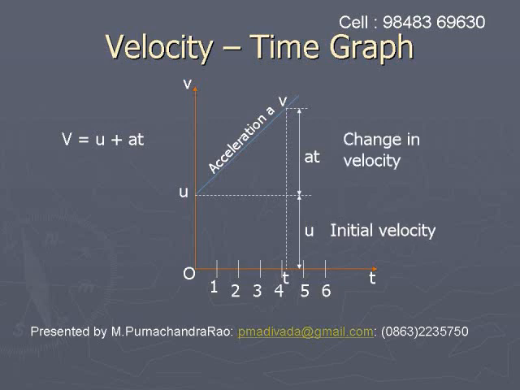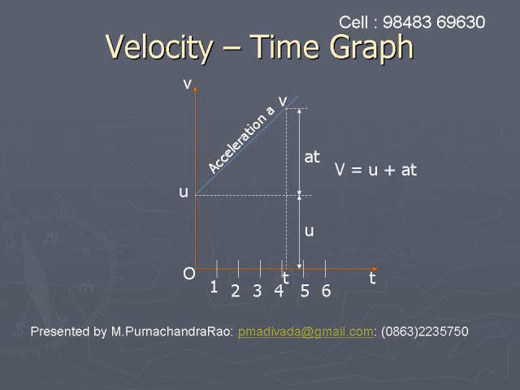Above that line there is at, which indicates the change in velocity. In t time, the change in velocity is at, where a is acceleration. So, the final velocity v will be equal to initial velocity u plus the change in velocity at. So, we get the relation v is equal to u plus at.